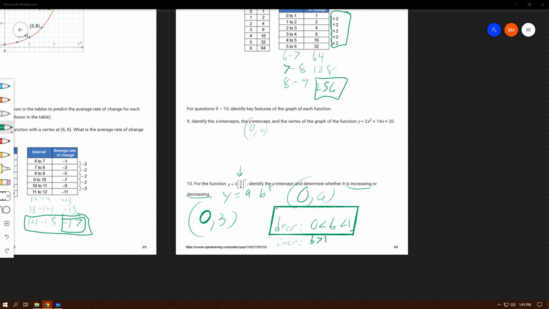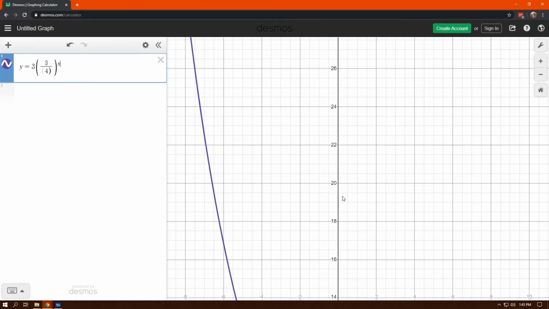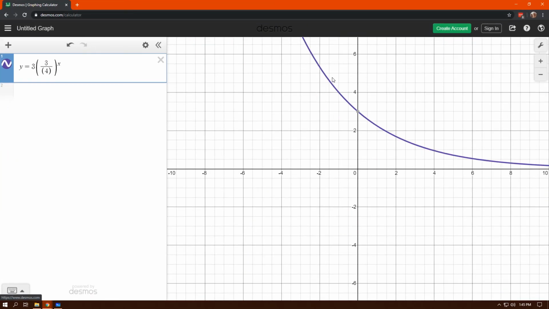Or, again, as I'm going to show you here in a second. There we go. What I could do is I could just graph it. It's going down from left to right, so it's decreasing, and then my y-intercept is (0, 3). Easy peasy.